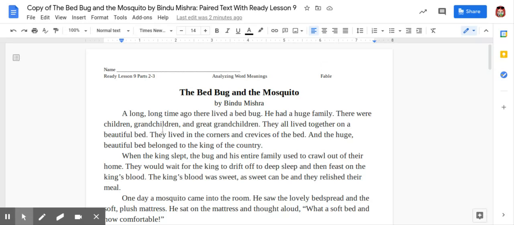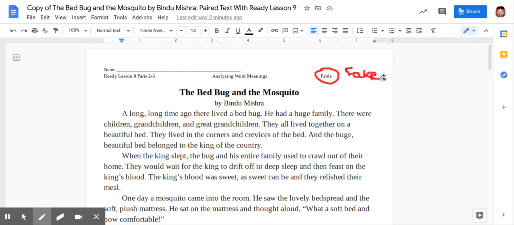So, because I know it's a fable, I'm going to take this opportunity, and I don't have the right tools, so bear with me, guys. I'm going to circle the fact that it's a fable, which lets me know that this is fake. Just keep that in mind. It is not real. So it's going to have a purpose, hopefully to entertain.